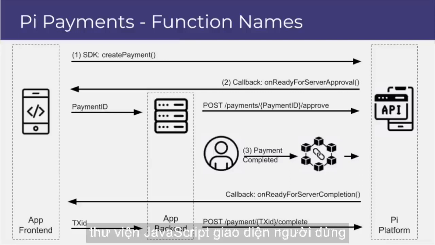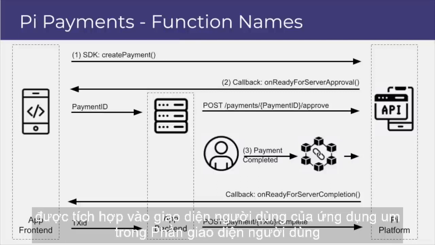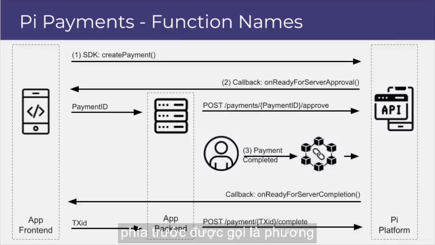SDK meaning the front-end JavaScript library that gets integrated into the app front-end. And the app front-end calls a method that's called createPayment. And createPayment takes a few JavaScript callbacks. So kind of small methods that are used to handle events happening on the payment.